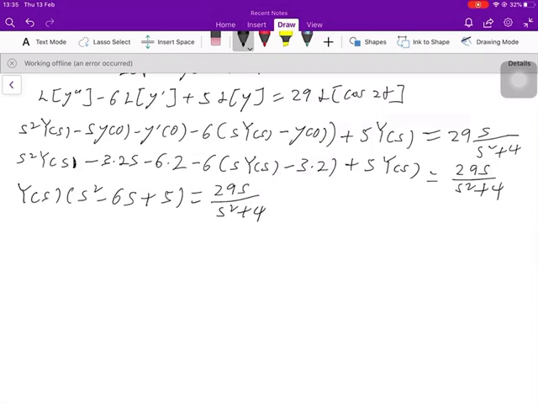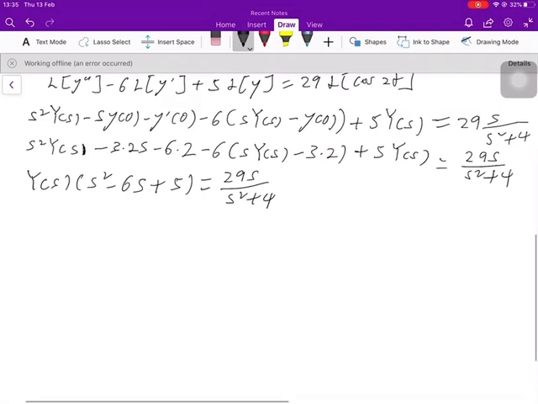We can put the Y of s on the left hand side, and then shift the remaining terms. We still have a 3.2s minus 13 over here.